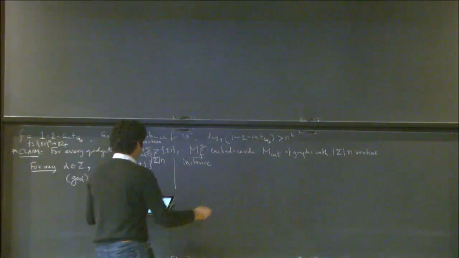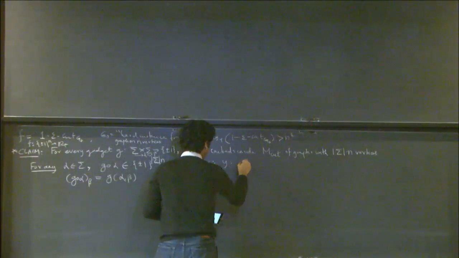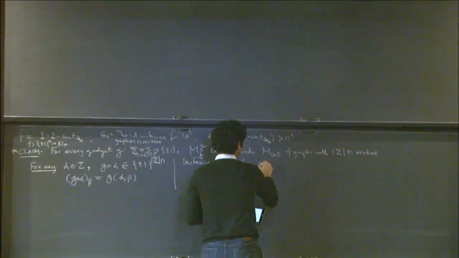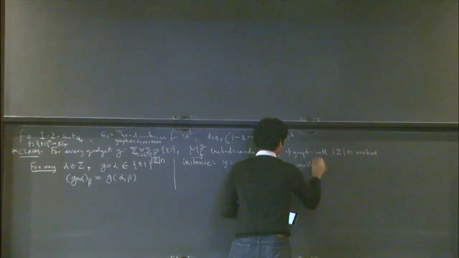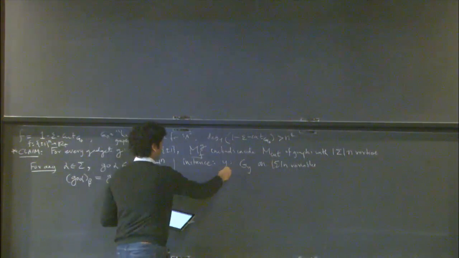So for any y, I define the instance G_y on sigma n variables. Where does y live? Y is in sigma to the n.